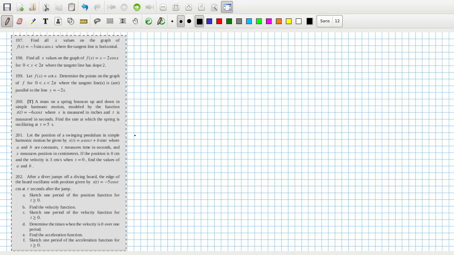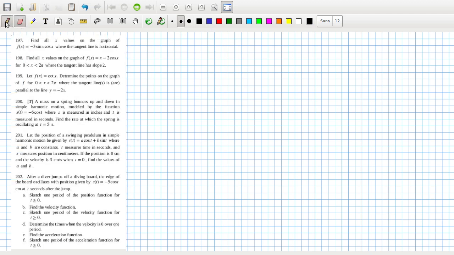Right. Find all values of x on the graph of that function where the tangent line is horizontal. Okay. So 197, you have f(x) equals minus 3 sine x cos x.